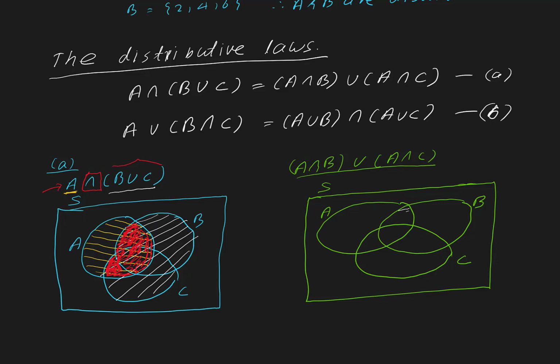Both A and B, the common area is this. You got it? Okay, that is A intersection B. Now I use A intersection C. That means the common area of A and C. So what is the common area of A and C? This one.